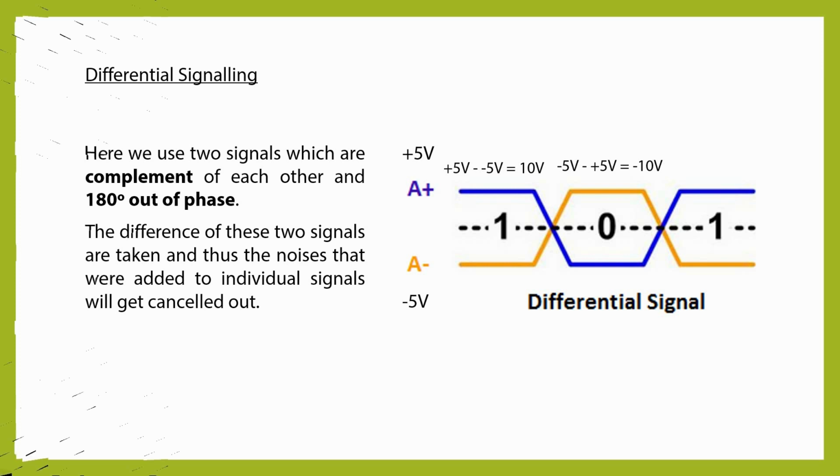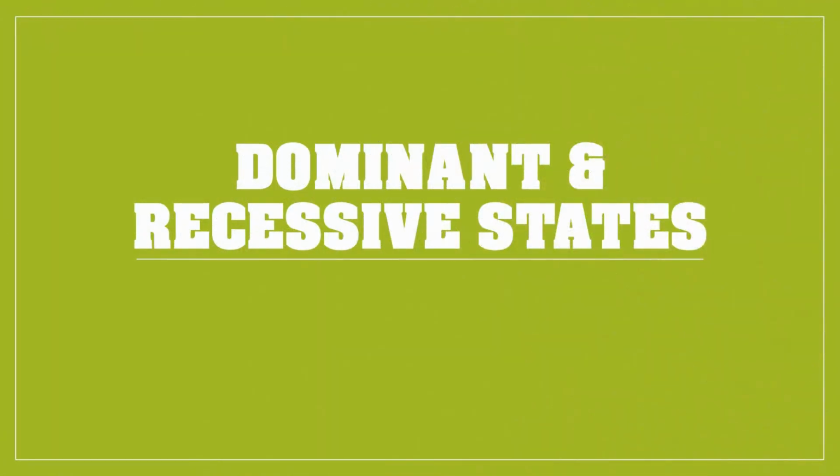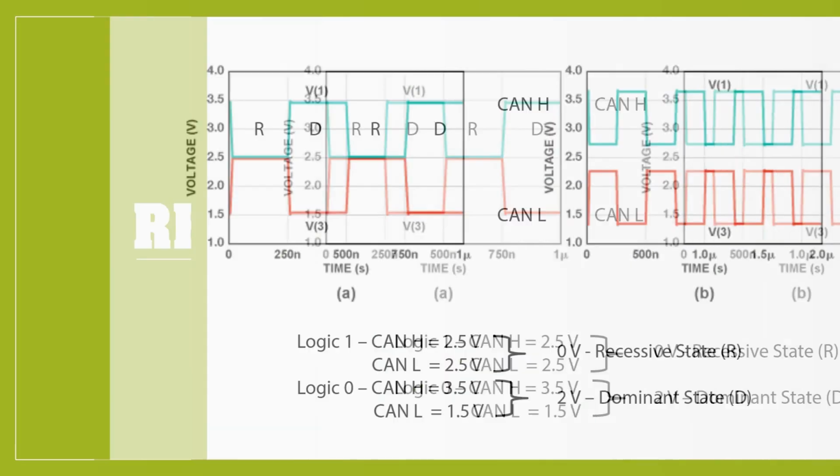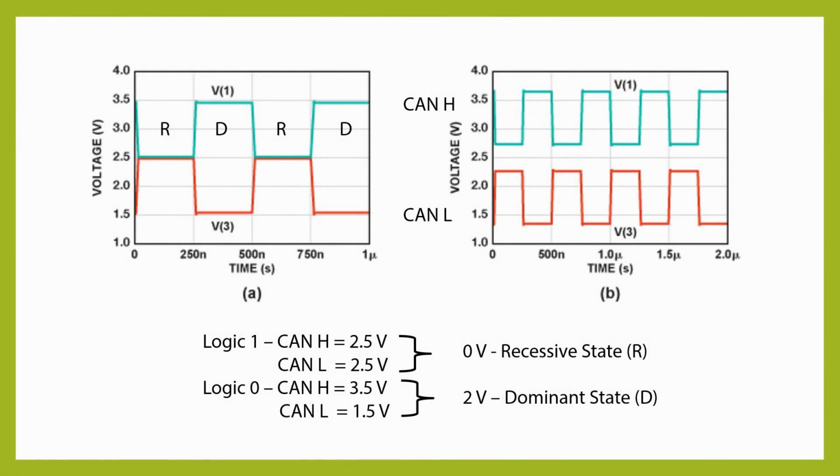Now moving forward. Now, dominant and recessive states in a CAN bus. This is the most important part, and this is how we'll see how the CAN bus actually works. So what is a dominant and recessive state? We'll look into it. As you can see in the picture, we have two letters defining the recessive state and dominant state.